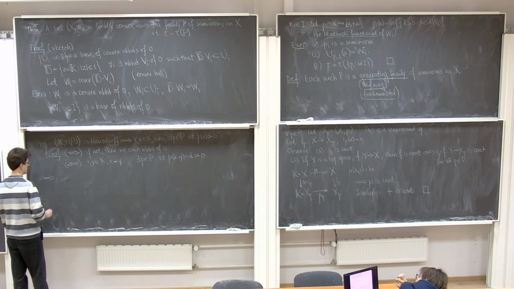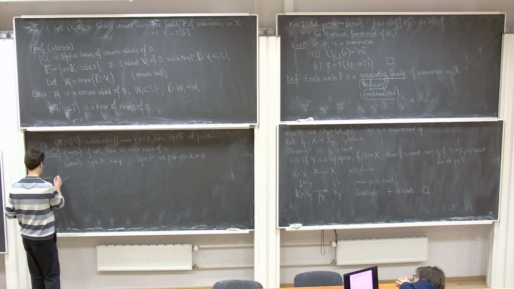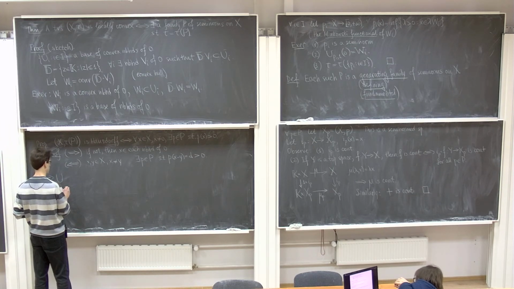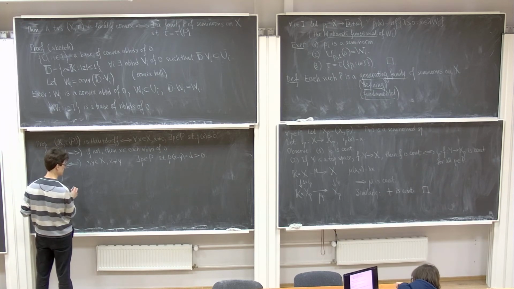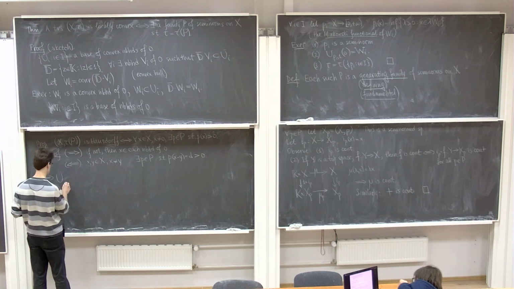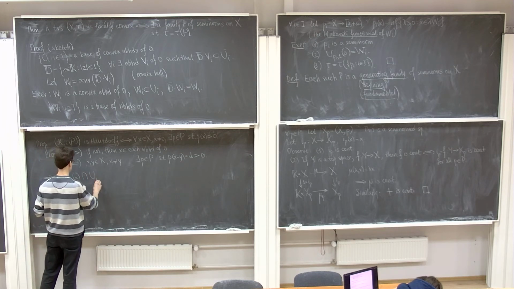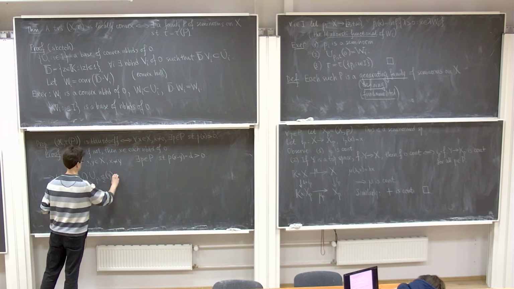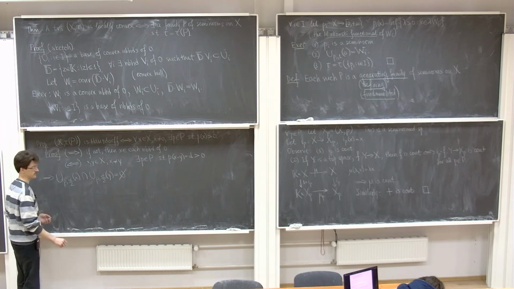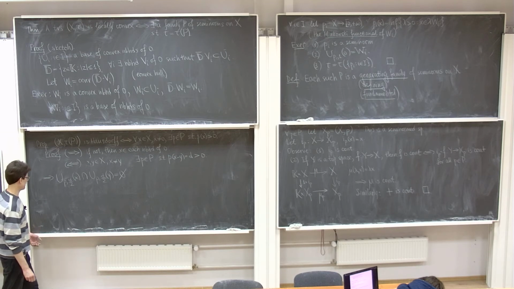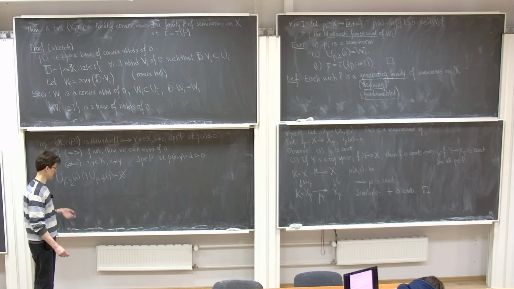Then the triangle inequality easily implies that if we take the balls of radius d over 2 corresponding to p and centered at x and y, then they are disjoint. This follows from the triangle inequality. And that's it. So this shows that our space is Hausdorff.